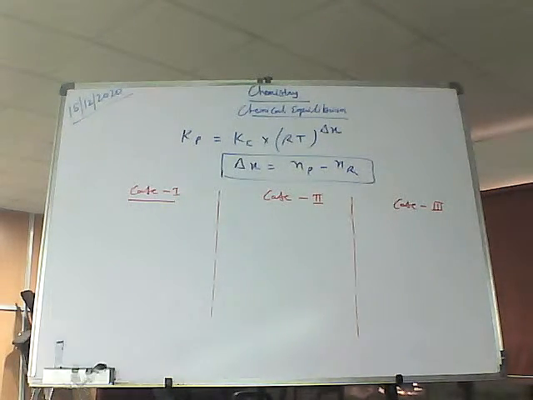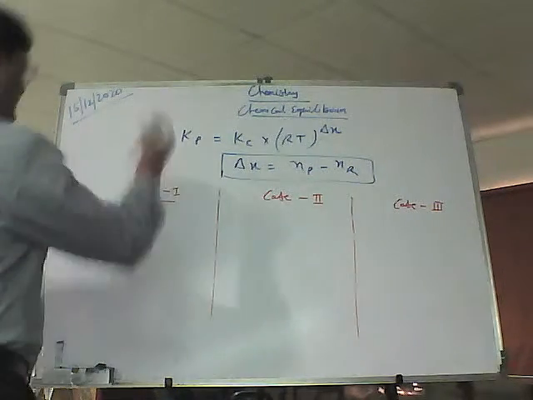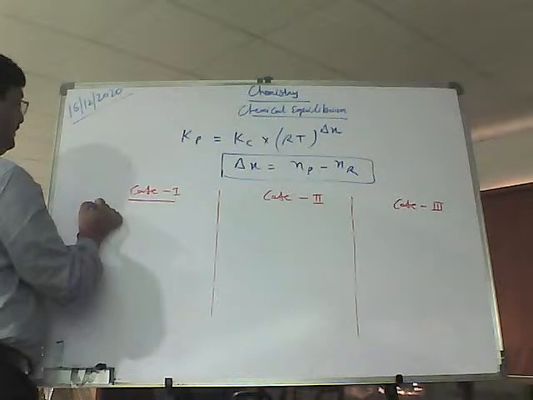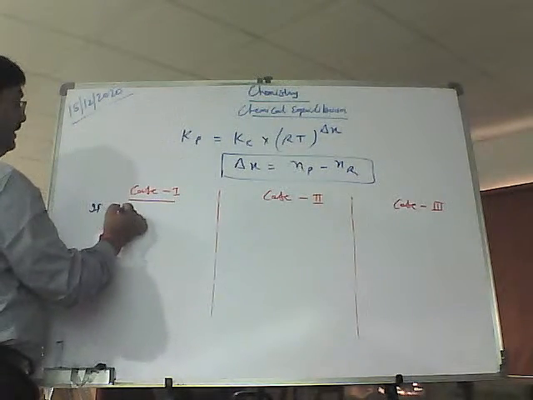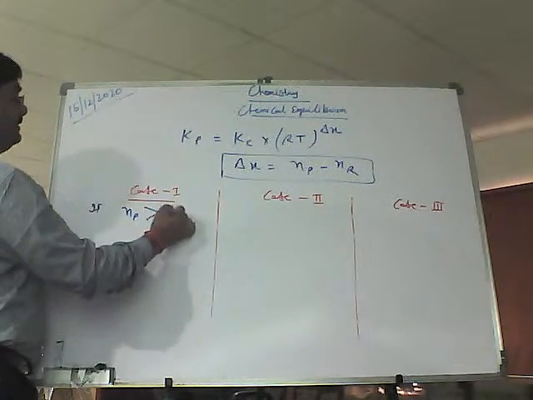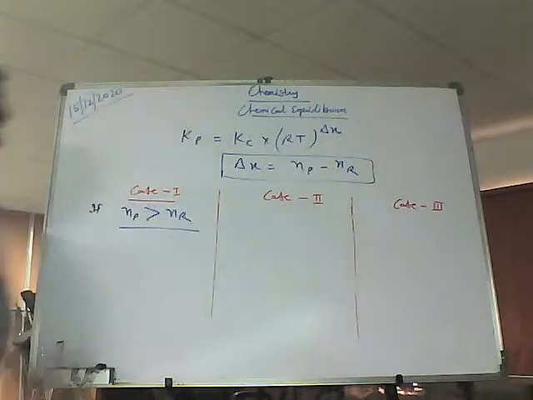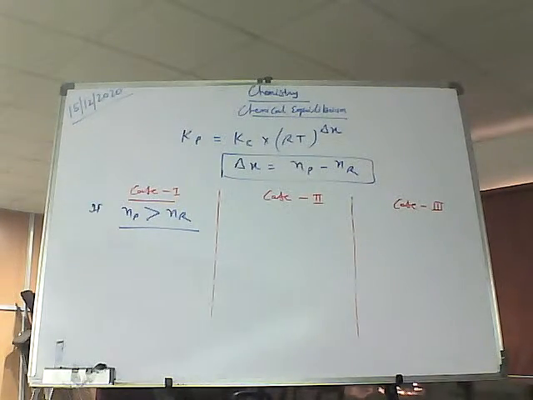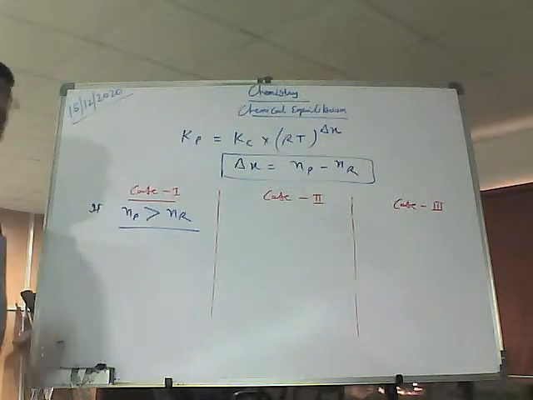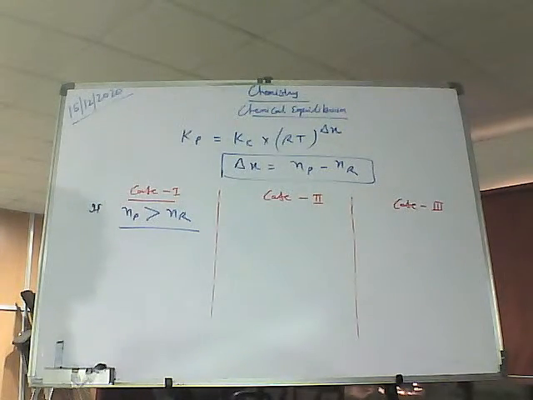Now all these things depend upon the difference between the number of moles of the product and the reactant. Means if the number of moles of the product is greater than the number of moles of the reactant. ठीक, कोई भी ऐसा रिएक्शन ले लिया जहां नंबर ऑफ द मोल्स ऑफ द प्रोडक्ट ज्यादा हो गए और रिएक्टेंट कम हो गए.